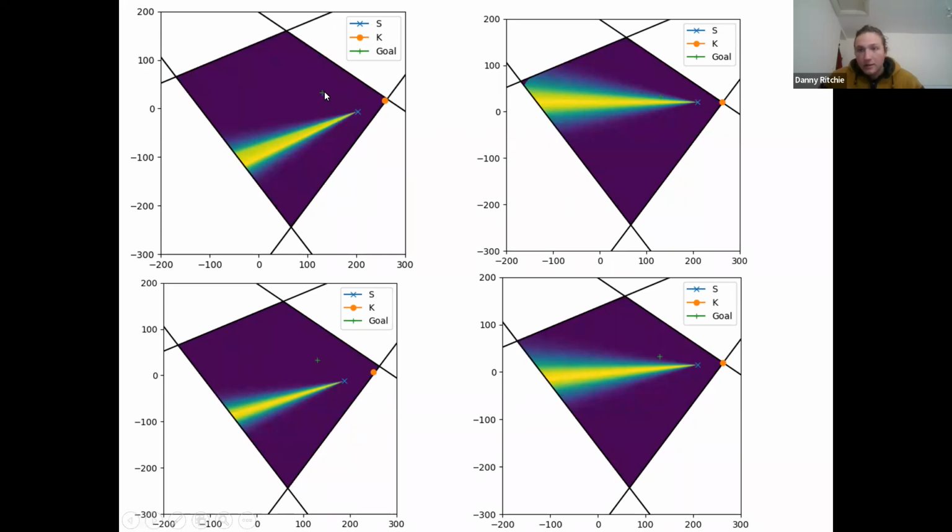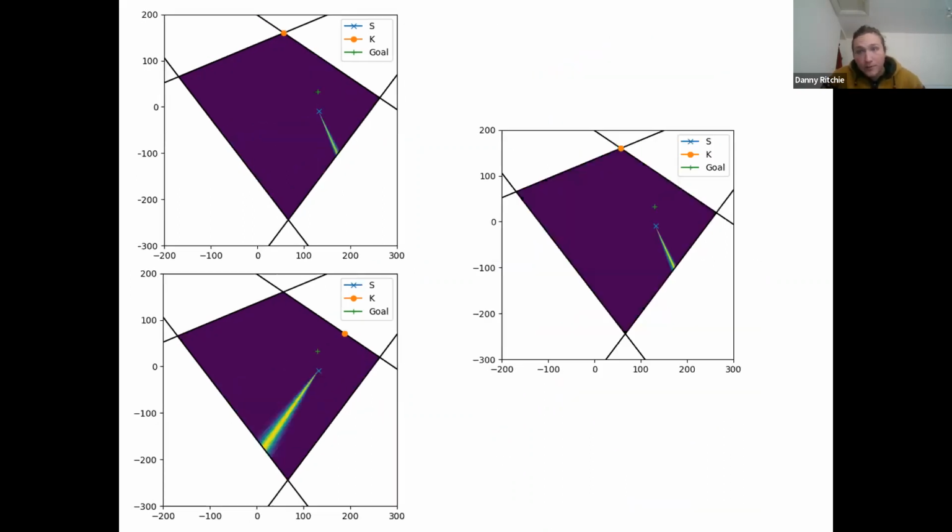So the idea is we're trying to find the green cross, and here's our probability distributions for it. As you can see, some of them are accurate, some of them are less accurate, but these are all okay. The issue was there were three of them that were really bad.